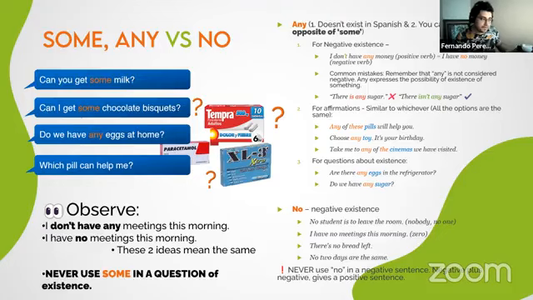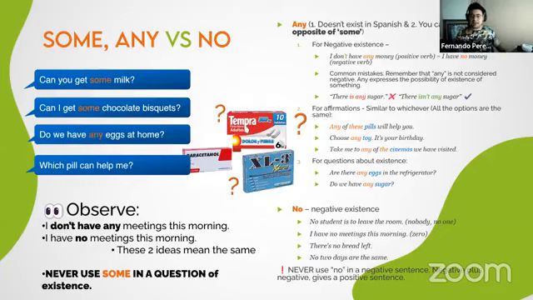That's pretty much it. So, let's practice. We have the negative for no. Never use no in a negative sentence, right? Always use it in a positive expression. Let's put this into practice.